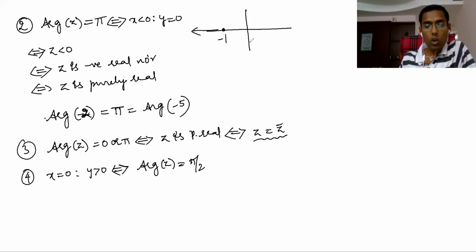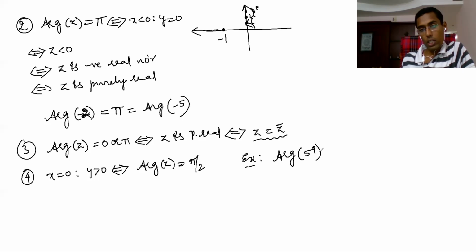This is on the positive side here. That means what? i, 2i, 3i. What is the argument of i, 2i, 3i? That is pi by 2. So that's what it is: x equals 0, y is greater than 0. For example, argument of 5i is pi by 2.